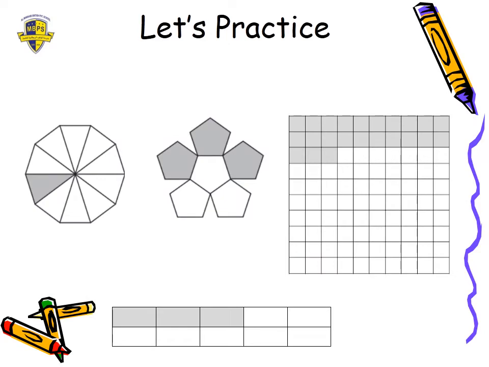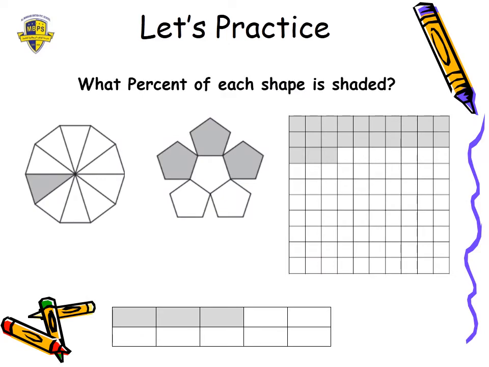Now let's practice more. The question here, you have to write the percent of each shape that is shaded. So we are only going to focus on the shaded parts. Okay, the first one. First step, you have to count. We divide this shape into how many parts?